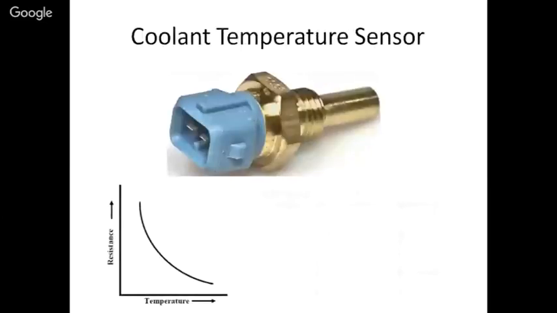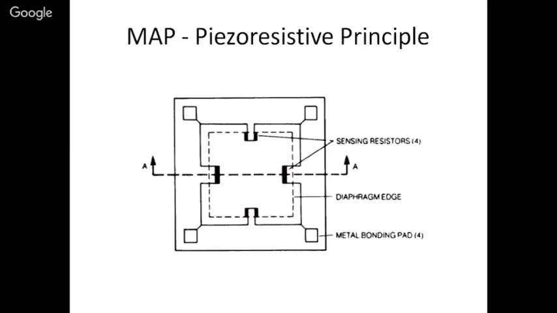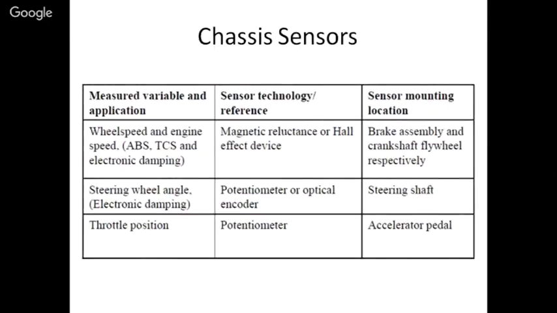Now, if we look at the other sensors like the chassis and body sensors, in chassis we have wheel speed and engine speed sensors for the anti-lock braking system, traction control system, and electronic damping, like I said. There the sensors use magnetic reluctance or Hall effect.